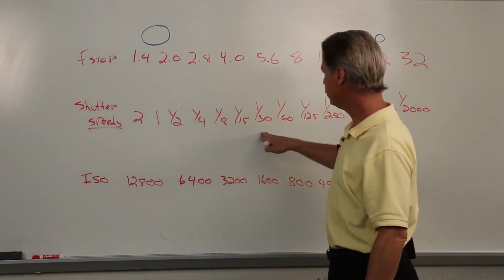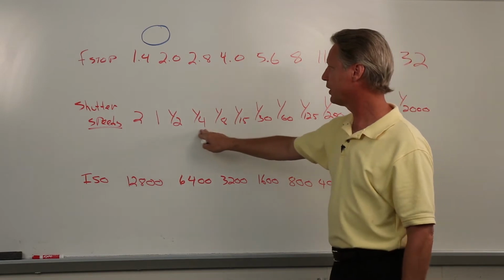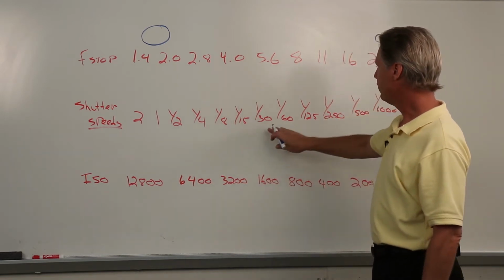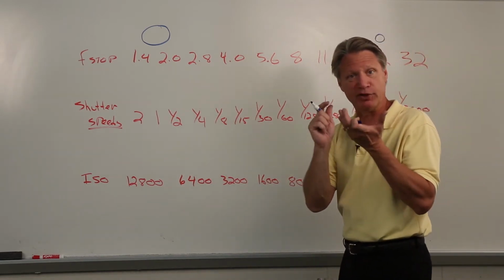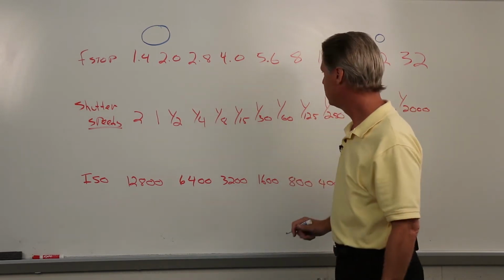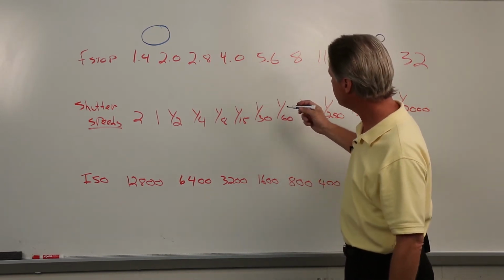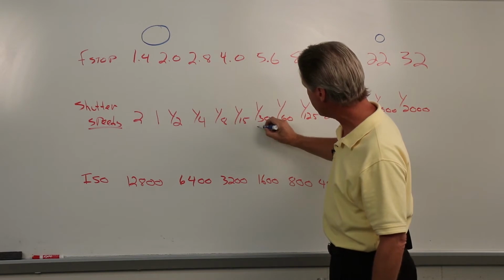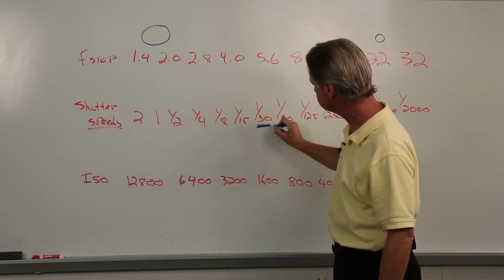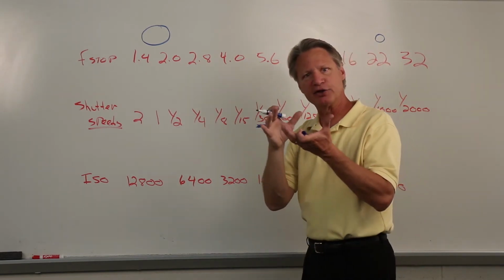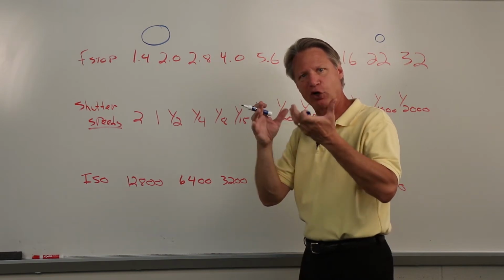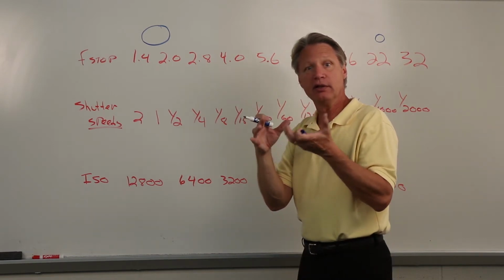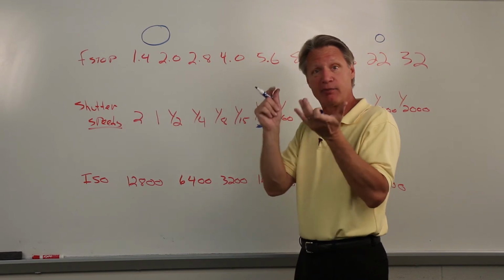The next thing we start to look at is shutter speeds, okay? Now, if we're hand holding the camera, which most of us will do, I would say about the slowest you can hand hold the camera is about 1/30th of a second. Anything below that and there's too much natural waver or wiggle in your body to hold the camera still.